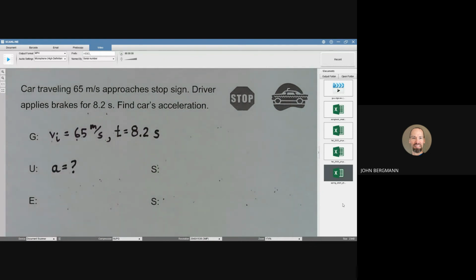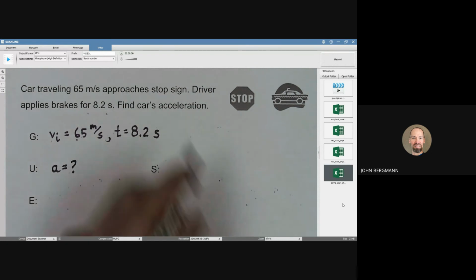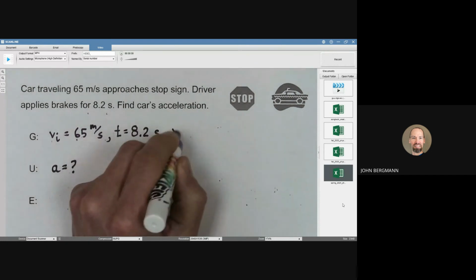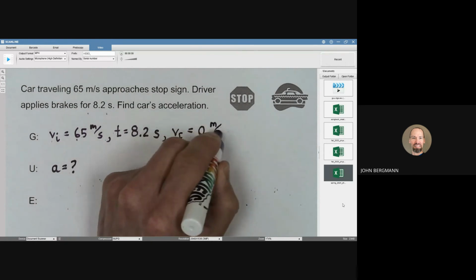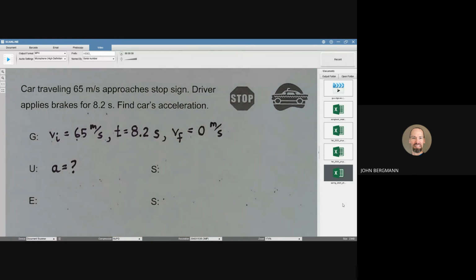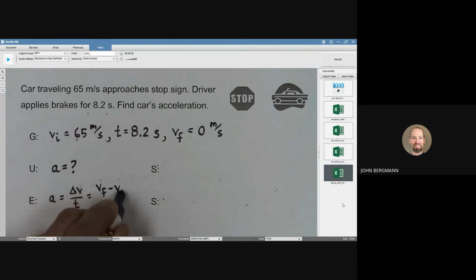Are there any other variables that we know? And the answer is yes. This is a stop sign. We are going to assume, as should be done at all stop signs, that our final speed is going to be 0. The equation we're going to use is going to be the same one that we used last time. Acceleration is change in velocity over time, which is v final minus v initial divided by time.